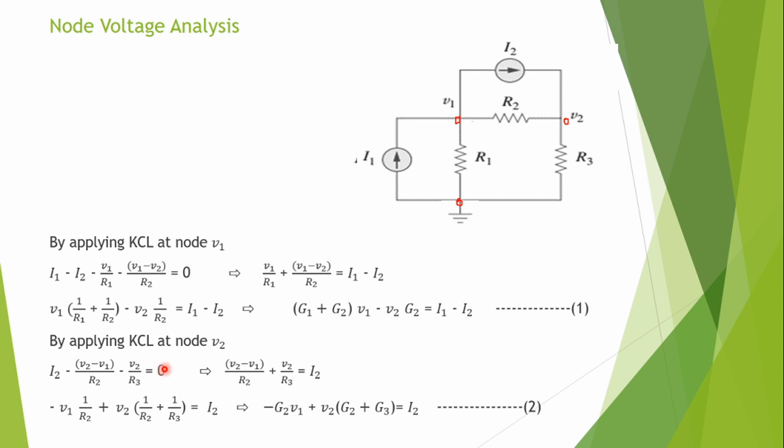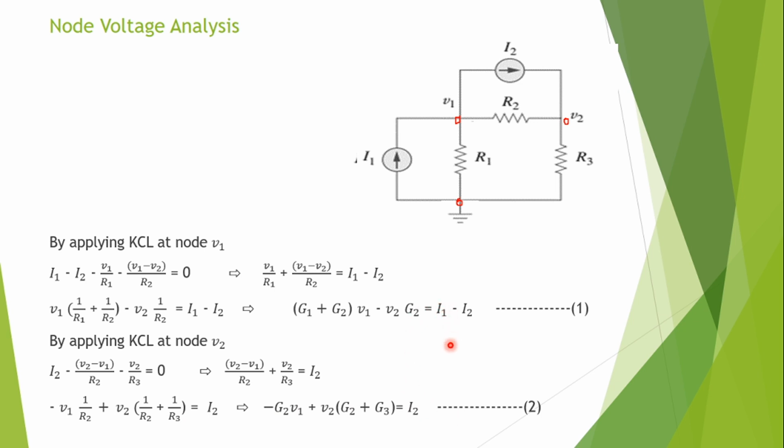Once again simplifying this, (V2 minus V1) by R2 plus V2 by R3 equal to I2. Separating in terms of the coefficients of V1 and V2: minus V1 into 1 by R2 plus V2 into (1 by R2 plus 1 by R3) equal to I2, same as minus G2 V1 plus V2 into (G2 plus G3) equal to I2.